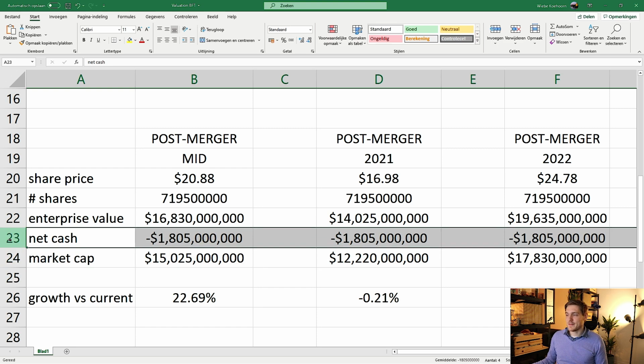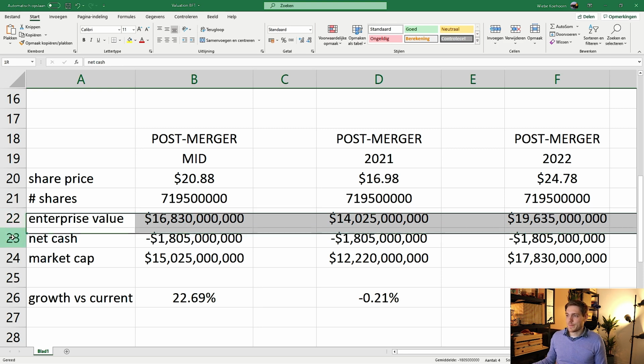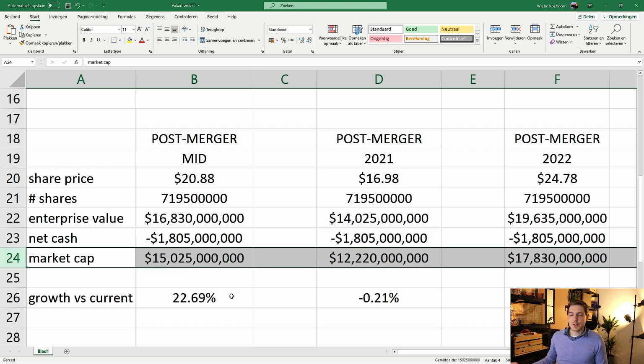In the case of Paysafe, it's a little bit different because they don't have a positive amount of cash on their balance sheet after the merger, but they have a negative amount of cash on their balance sheet because they're going to have $1.8 billion in debt. So in this example, if you take the enterprise valuations, you subtract the amount of net cash on their balance sheet after the merger, you're going to arrive at these fair market caps.